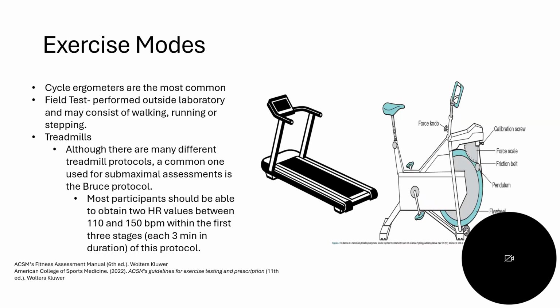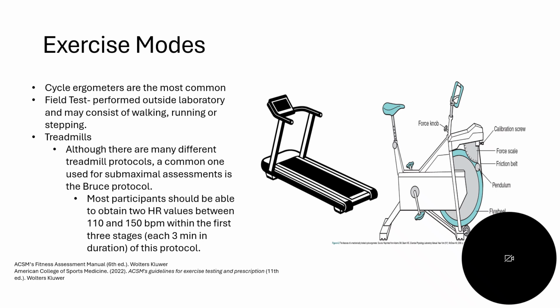Though the cycle ergometer is a standard choice for submaximal testing, any testing mode works as long as it allows for standardized workloads and provides established estimates of relative oxygen consumption. The field test, which is performed outside of laboratories, may consist of walking, running, or stepping. And then there's also treadmills.